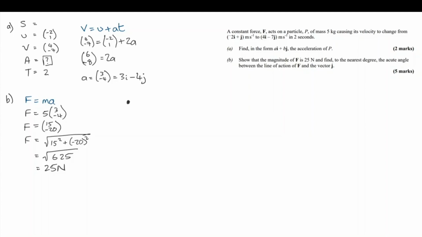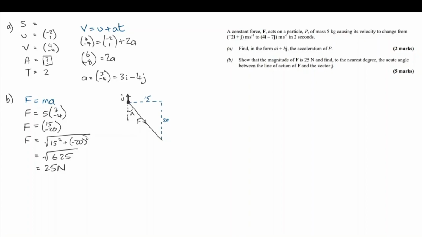The angle. Let's start with a diagram. So a diagram of this force vector is 15 to the right and down by 20. This diagonal line is going to be the force vector. We've been asked to find the acute angle in between j and this force vector.